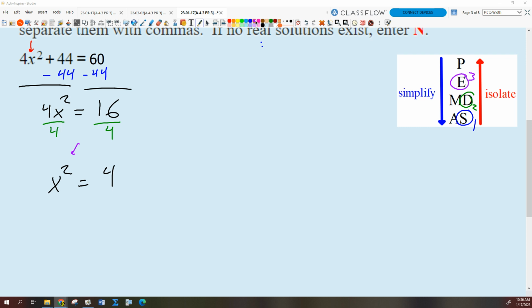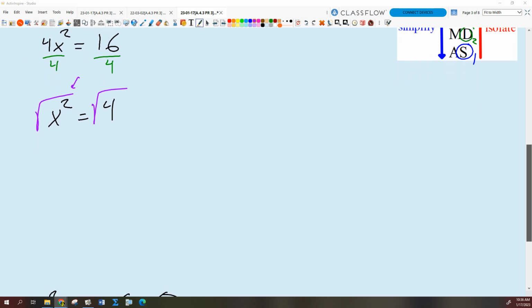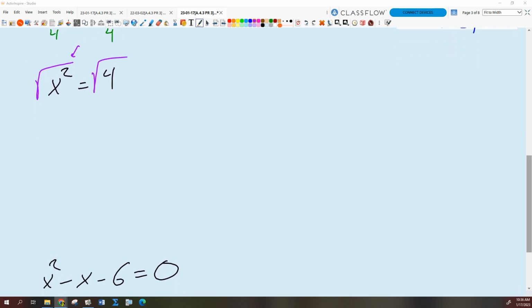How do I undo squaring something? What do you think? Square root, right? So I would just square root both sides to get rid of the squared. And it does get rid of the squared. So then what do I end up with for my answer? So I would get x equals 2, right?